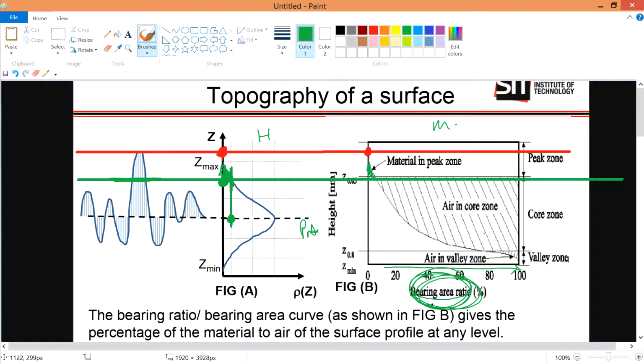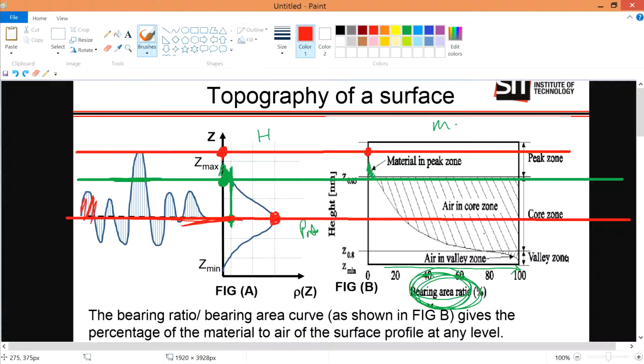Then the amount of material as you go down, all the way down to here, as you can see, the amount of material at this height is this amount, the probability at this height.